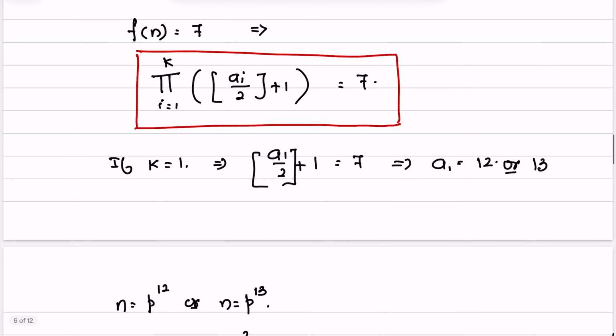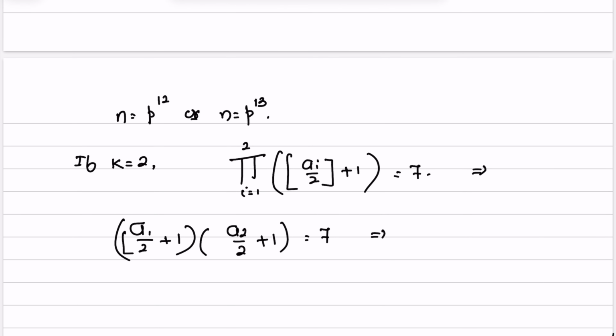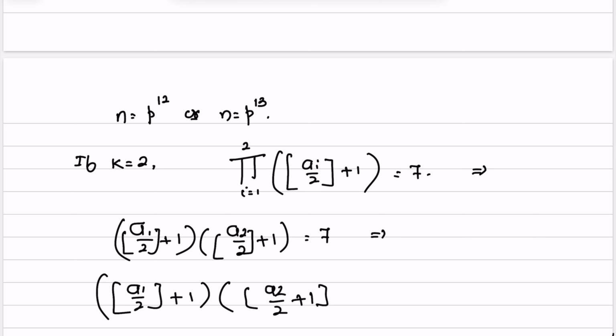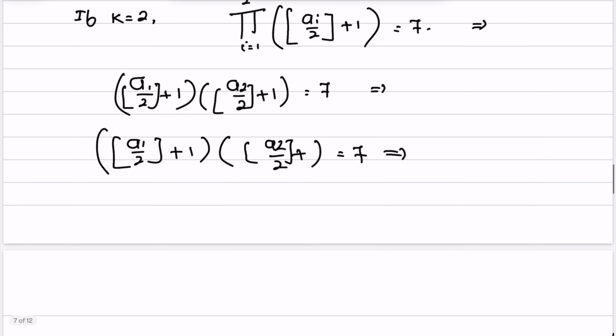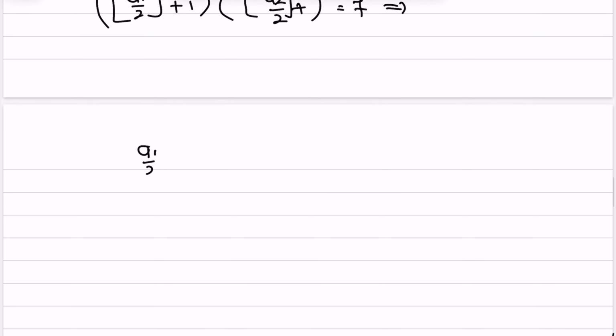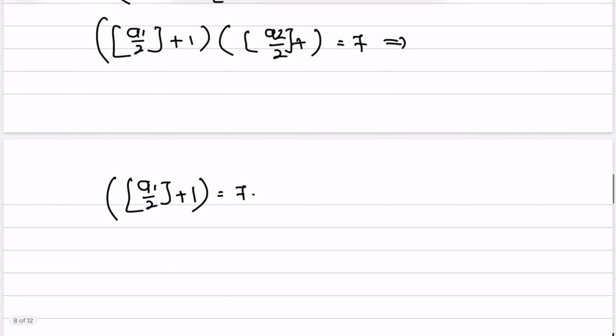The greatest integer we have to write here. We have already got the value of a1 by 2 plus 1 equal to 7. Hence, this a2 by 2 plus 1 will be 1 only.